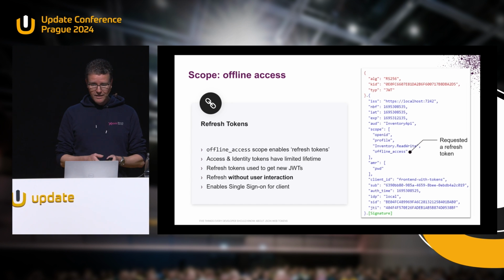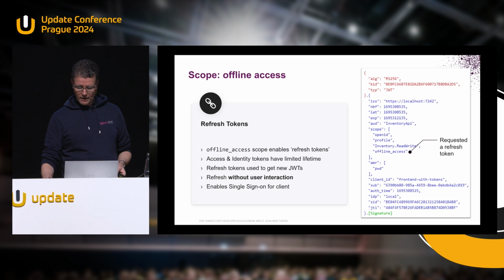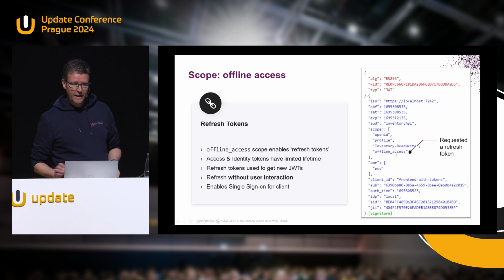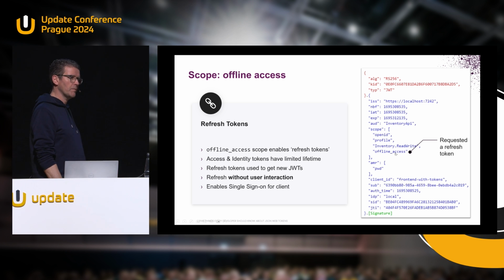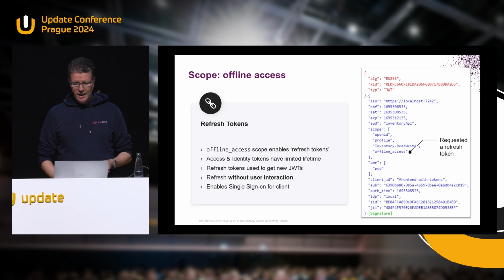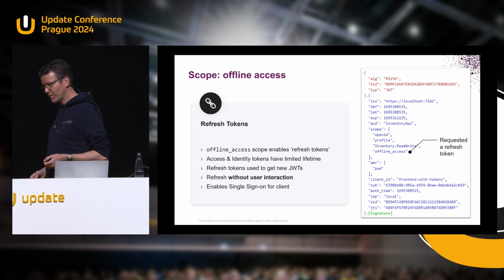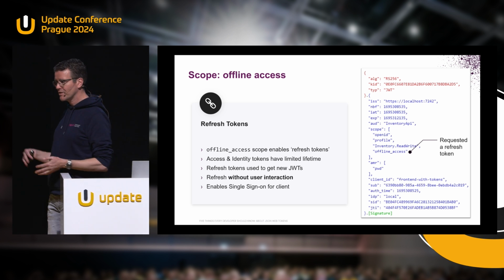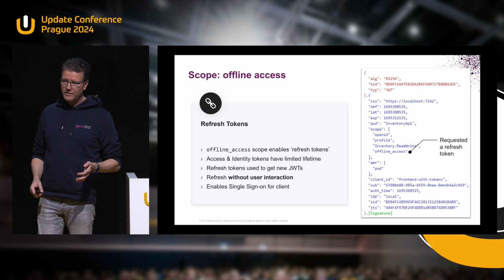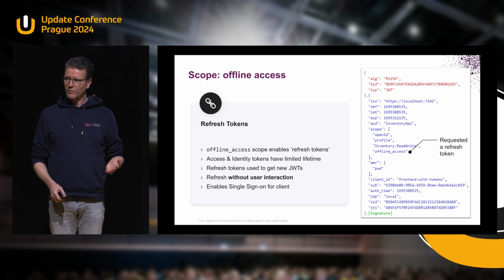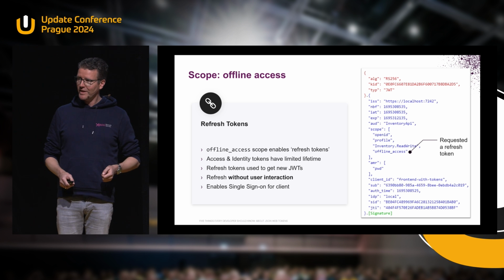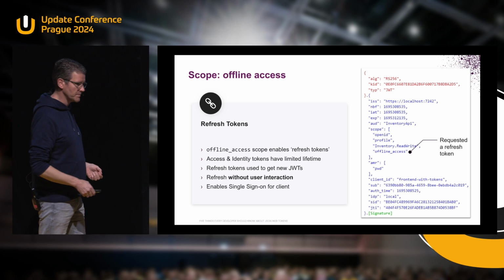Then finally, there is this last scope claim here, which is offline access. And this is kind of a, well, a complicated name. This means that a client wants to have the right to access a resource whenever the user is either online or offline. So it doesn't need any user interaction to get tokens.